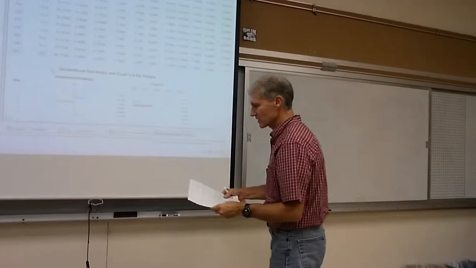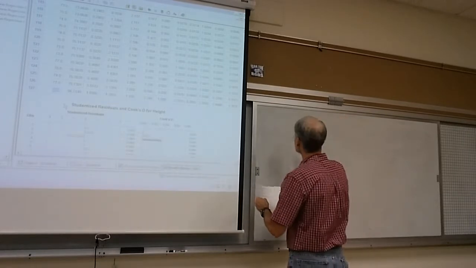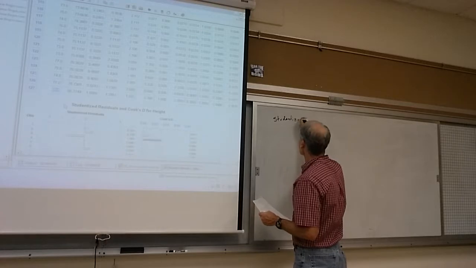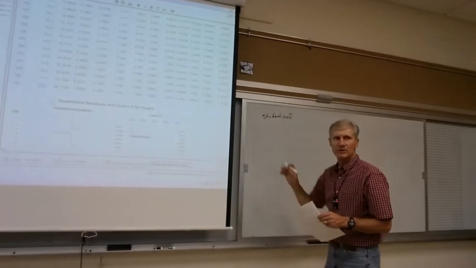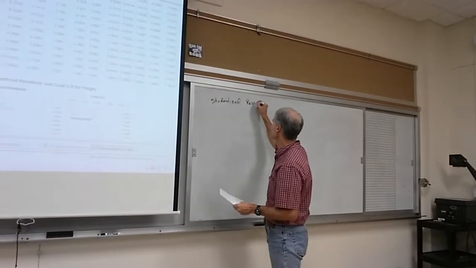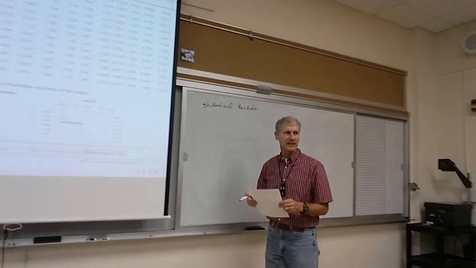Okay, so the next one is called the studentized residual. And there is some discrepancy between our book and what SAS calls things. So I'm going to try my best to remember those discrepancies. And other books define things slightly different.